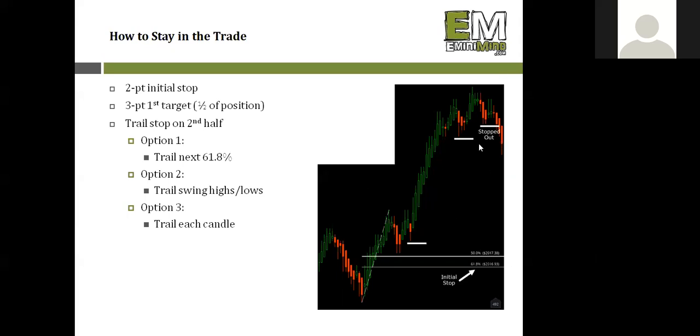Some platforms, like Thinkorswim, let you link them together, so you could see your stop on your chart and drag up the price right on your chart. But the idea is just that every single one of these candles makes a higher low. We do not break the prior candle's low on this entire run up until here.